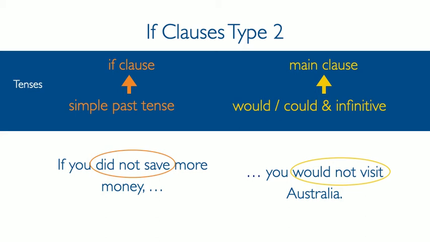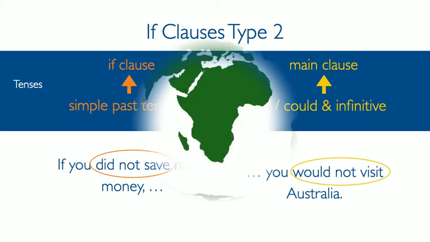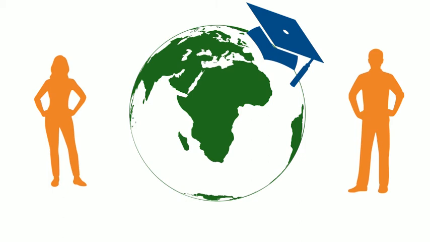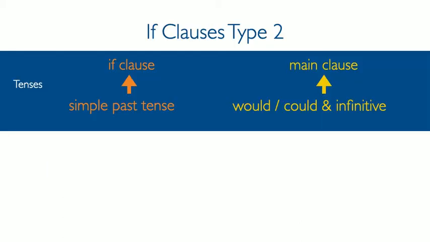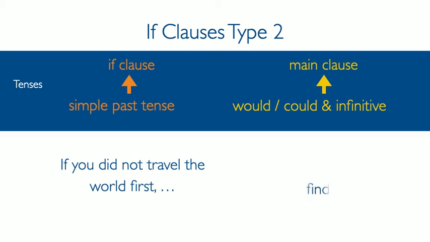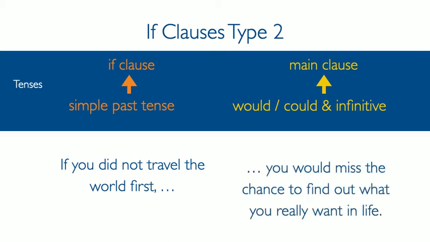Alright, and now let's examine our last example. If you did not travel the world first, you would miss the chance to find out what you really want in life. In this sentence, you see that we use the verbal construction did not travel in simple past tense in the if clause and the verbal construction would miss in the main clause.